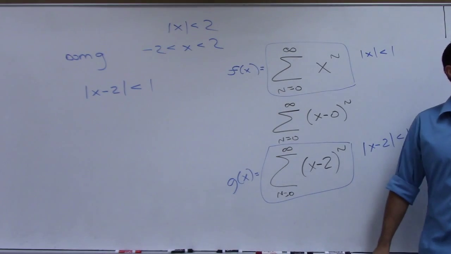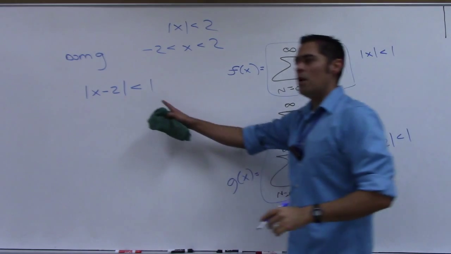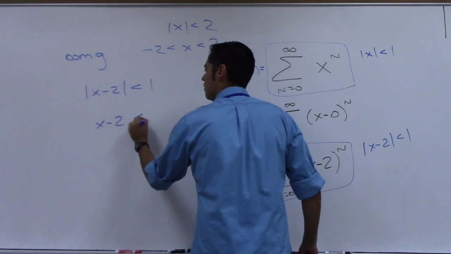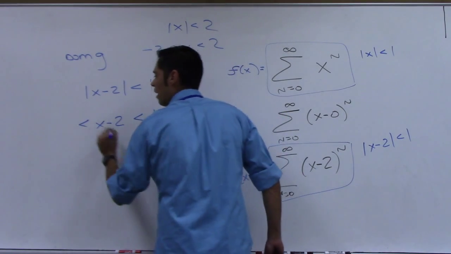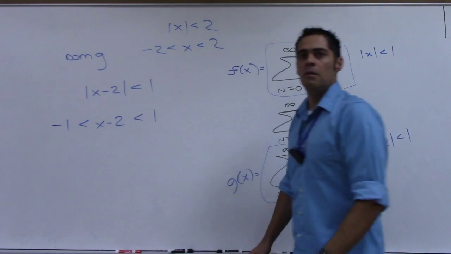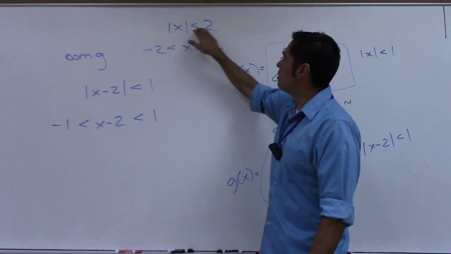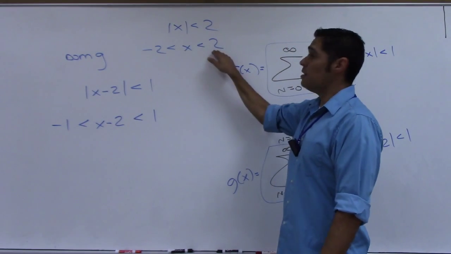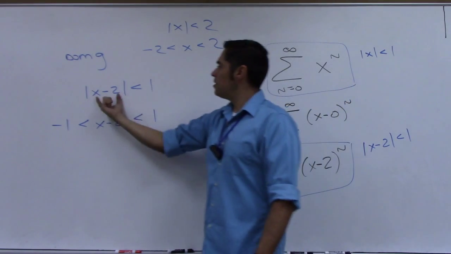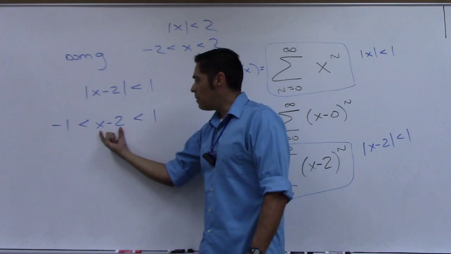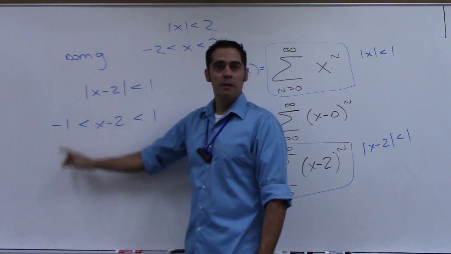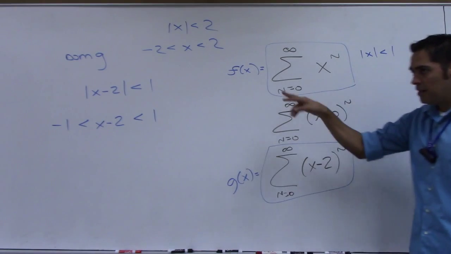So for this one, you're going to put x minus 2 less than 1, and greater than what? -1. So if you have the absolute value of something is less than 2, that means it's less than 2 and greater than the opposite of the 2. So if this is less than 1, that means x minus 2 is less than 1, but it's also greater than the opposite of 1, which is -1. See how I did that?